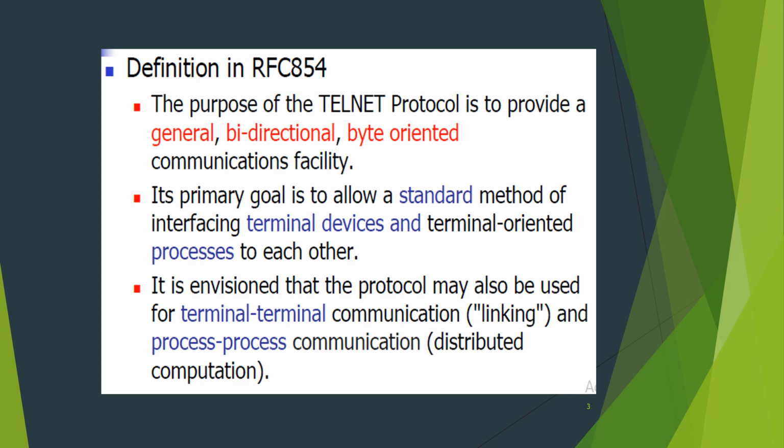It is envisioned that the protocol may also be used for terminal to terminal communication, that is linking, and process to process communication, that is distributed computation. So this is about the RFC 854 standard.